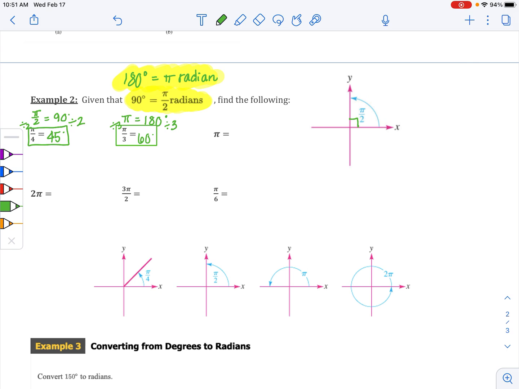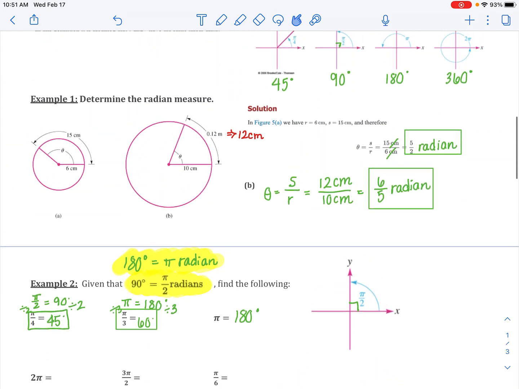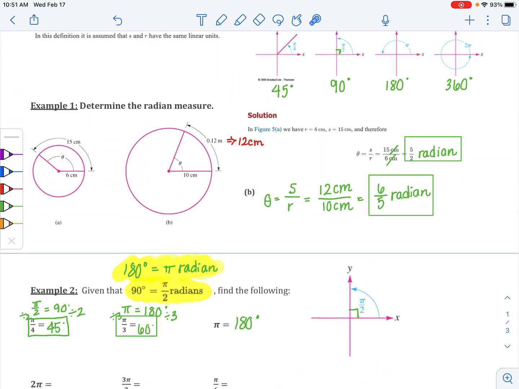Again, I'm saying we're building because this is where we're used to. We're used to degrees. Oh, well, this one's nice. Pi, we already know, is 180. 2 pi, you can always reference your pictures again. Right up here, 2 pi is 360. Or use the fact that pi is 180.